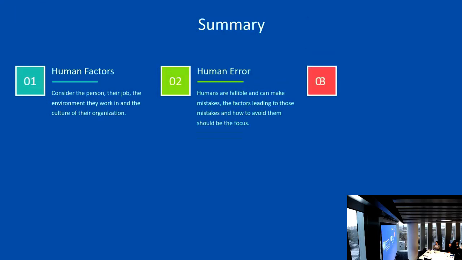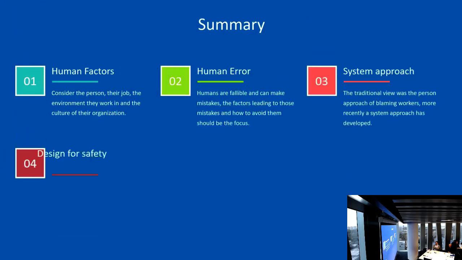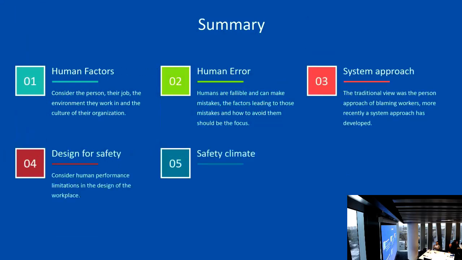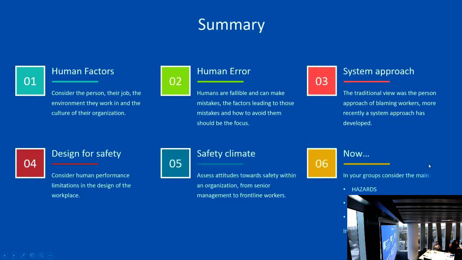So that was a quick breeze through human factors. When we're thinking about human factors, we need to think about the person, their job, and the environment they work in, as well as the culture of the organisation. We need to accept that humans are fallible, that we have perceptual and cognitive limits, and that we can make mistakes, and we need to think about the factors leading to those issues and how we can avoid them.